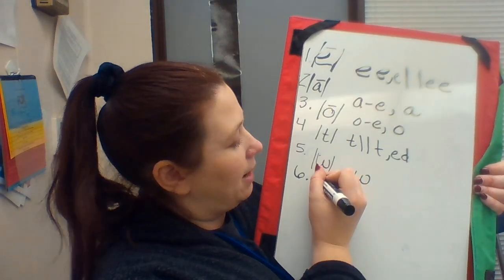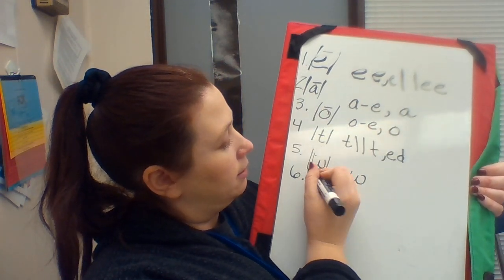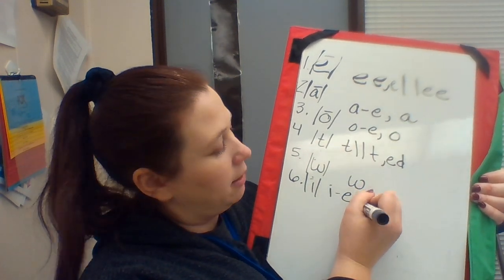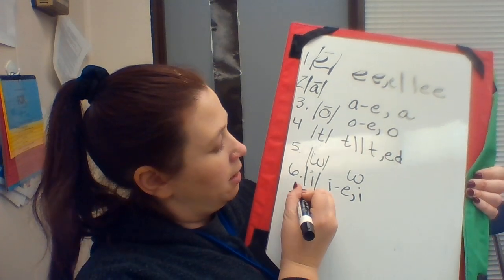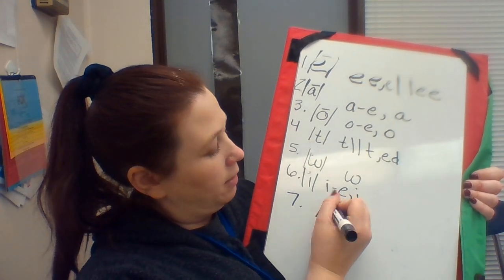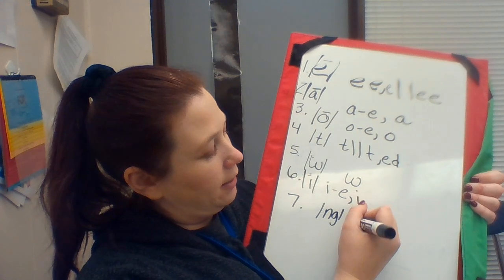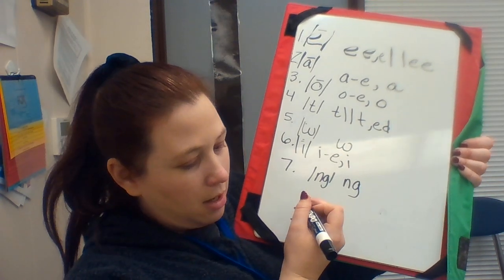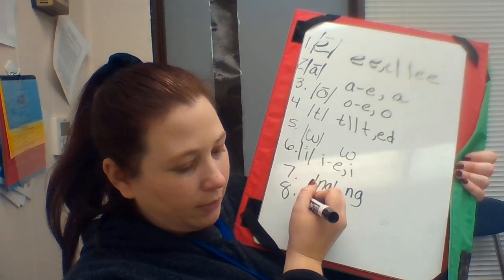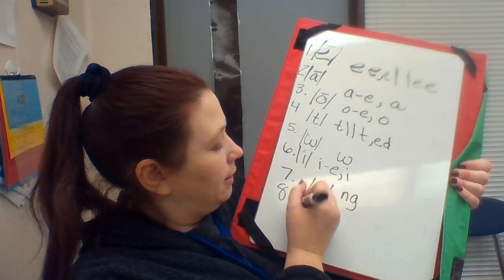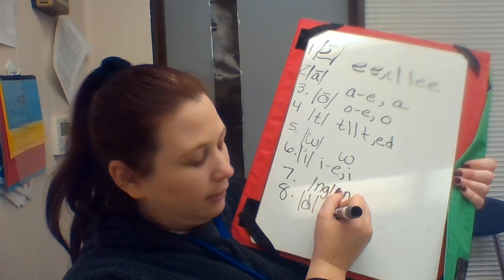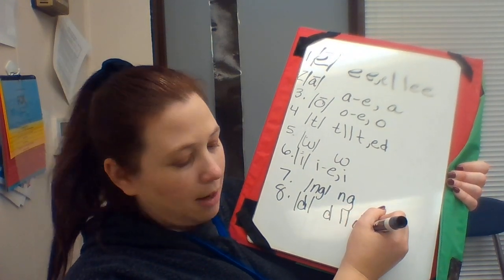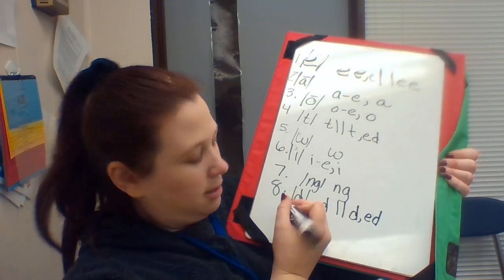Number 6, we have I. And we have I, consonant, E, comma, I. Number 7, we have ng, and that's just N-G. Good job. Number 8, we have D, and that is D, final sign, D, comma, ED.